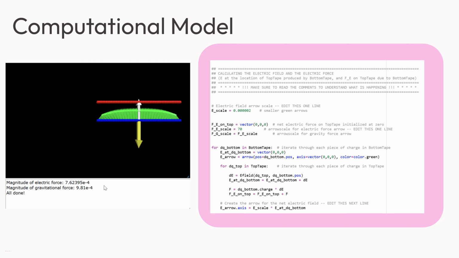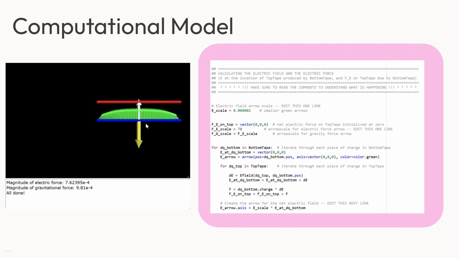Here we can look at our computational model and see what this piece of the code makes. Number one, we have our gravitational force, and that's this arrow pointing down. Then we have our electric field. If this tape is assumed to be positive, this electric field points up as in the model.